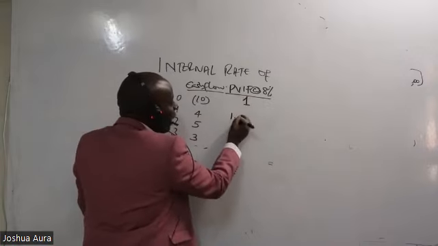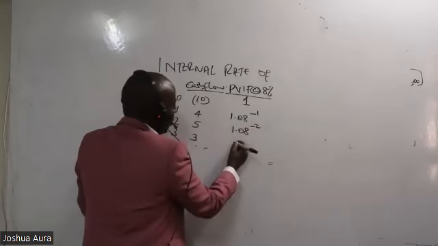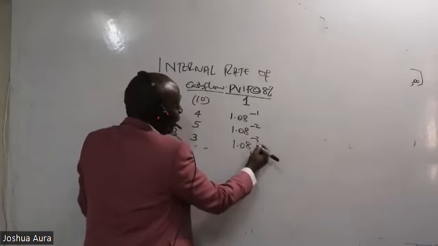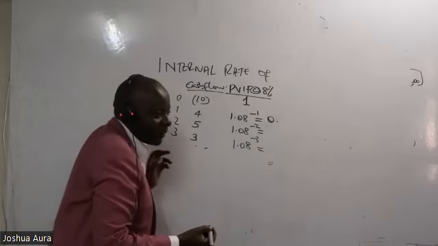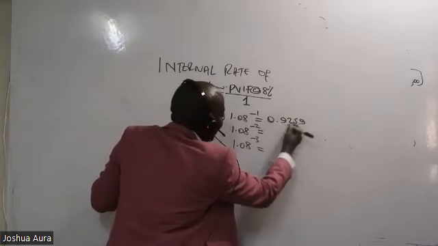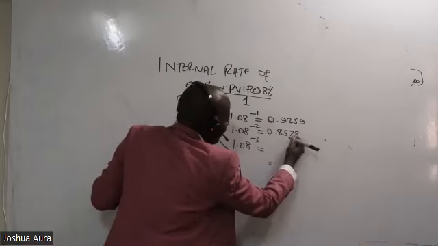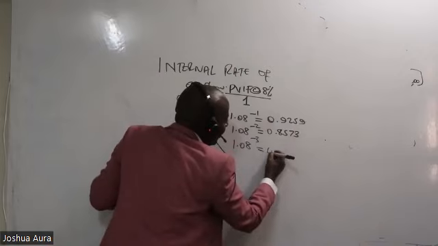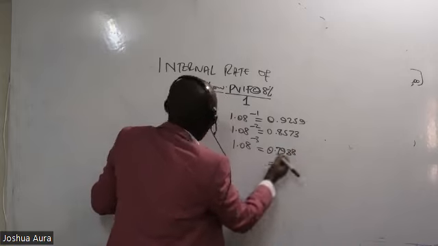This other one will be 1.08 raised to minus 1, 1.08 raised to minus 2, 1.08 raised to minus 3, which you guys already have: 0.9259, 0.8573, and then 0.7938.